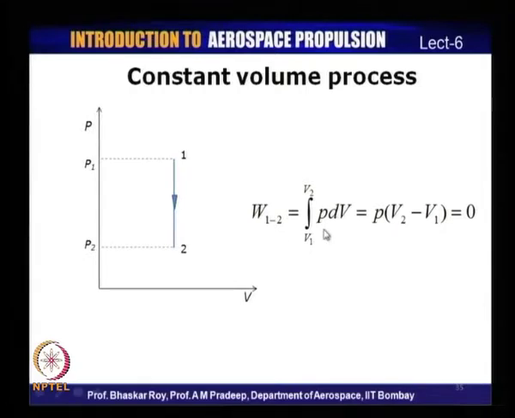Since dV is equal to 0, if you were to integrate P dV between states V1 and V2, since V1 and V2 are the same, in this particular process the work done will be 0, because there is no change in volume of the system. Therefore, for a constant volume process the net work done will be equal to 0. So, there is no work done during a constant volume process.